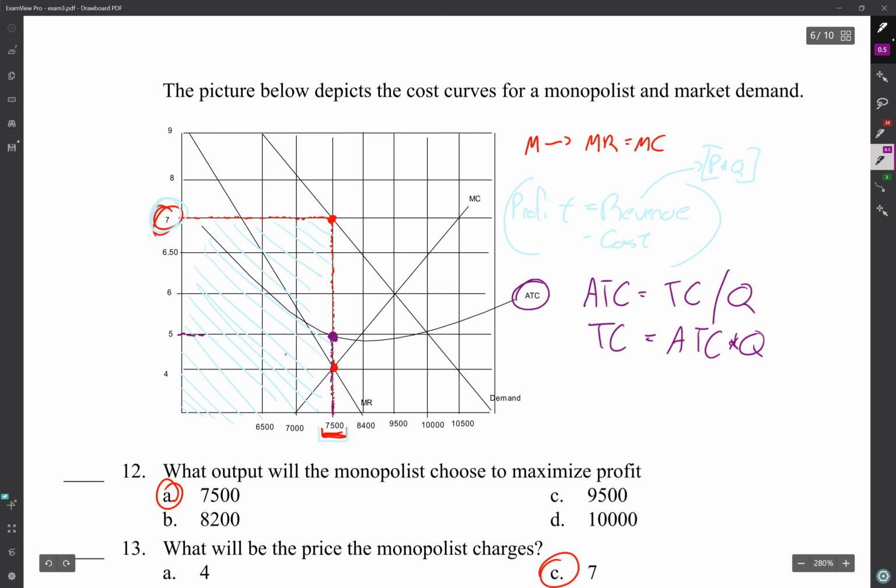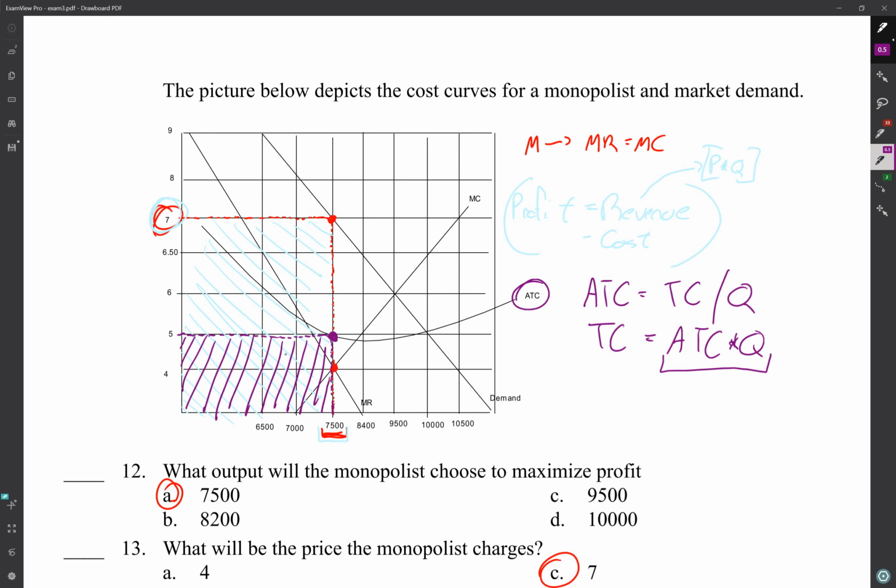And what is my average total cost? My average total cost at producing 7,500 units is $5. Okay, so if I took this average total cost times Q and multiply them by each other, just like we did before, so in other words, we're finding essentially length times width, then I found my total cost.